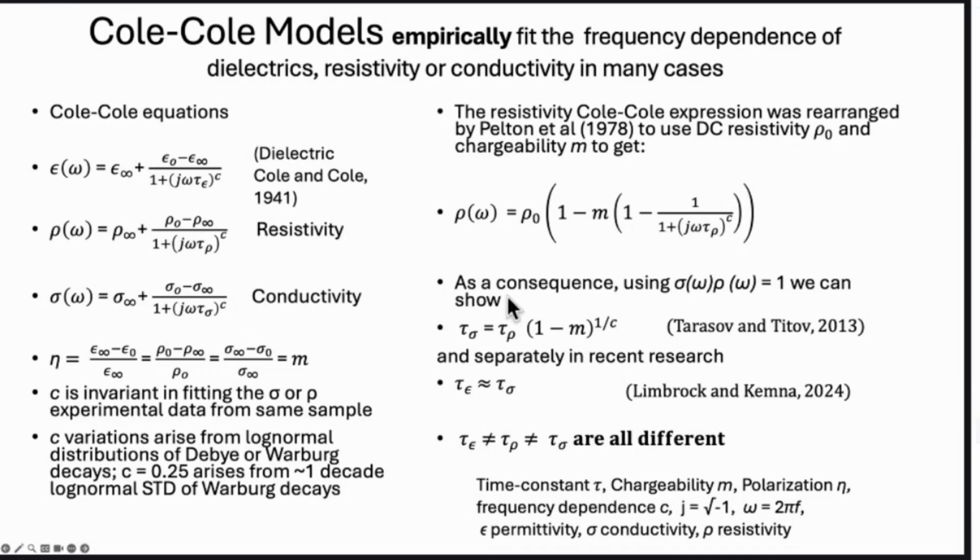The conductivity time constant is equal to the resistivity time constant times this expression, 1 minus the chargeability m, which is a number between 0 and 1, to the power 1 upon c. So if you read papers on it, people seem to think that all these time constants are roughly the same, but I'll show you that they're not.